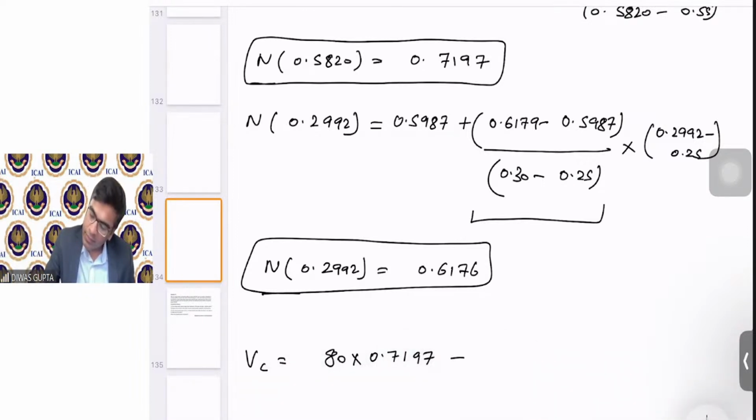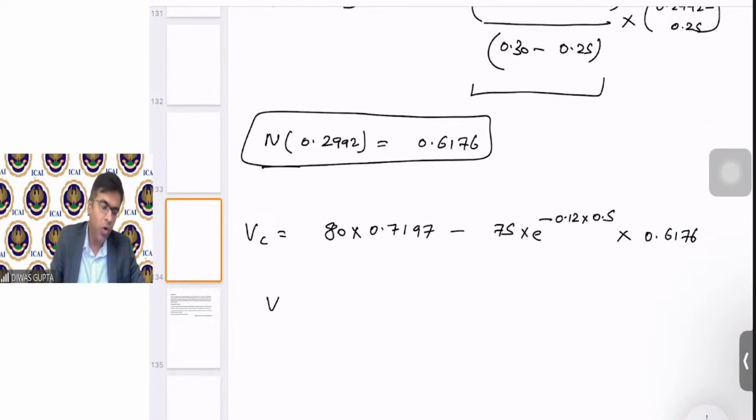Minus 75 into e raised to the power minus 0.12 is the rate and 0.5 is the time period, students, into 0.6176.